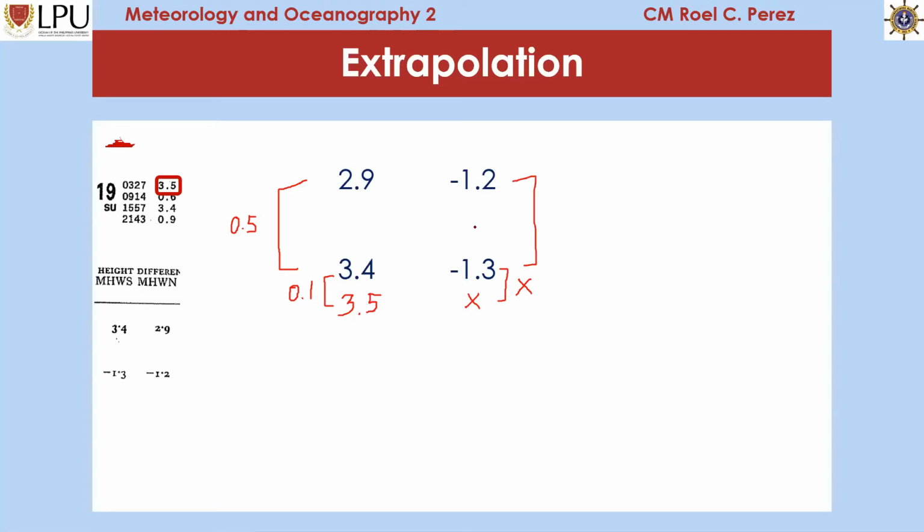And then take the difference also here. Okay, so here, this is 3.4 minus 2.9. So what we are going to do is we start also from here, no? Negative 1.3 minus negative 1.2. So try in your calculator, ilan? What is the sign?